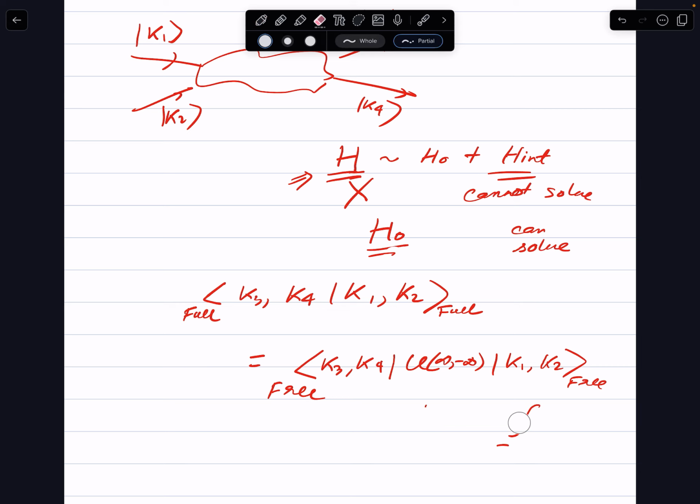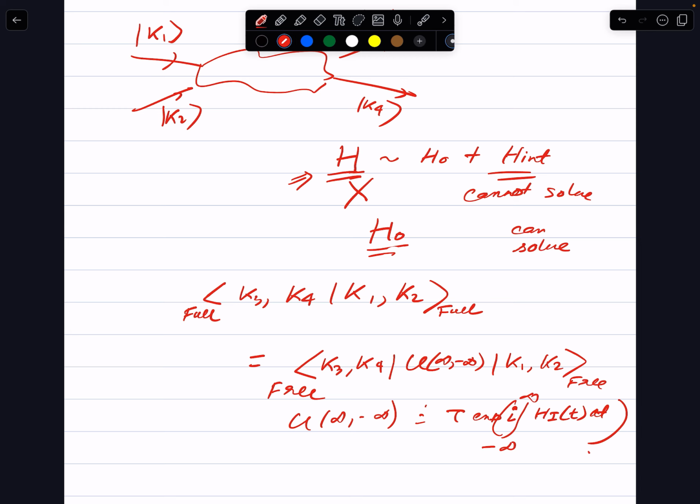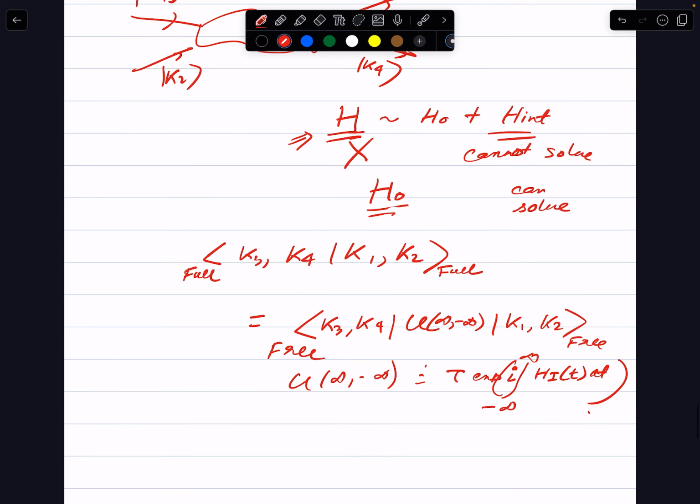So this U(infinity, minus infinity) is time ordering e to the power minus i integral from minus infinity to infinity of H(t) dt. Okay. So we can map an unsolvable problem to a solvable problem.